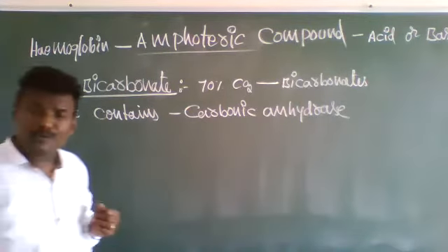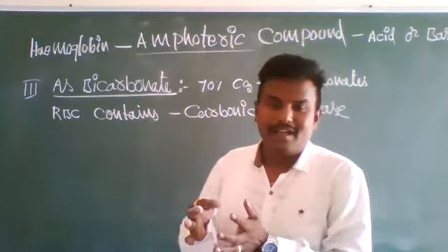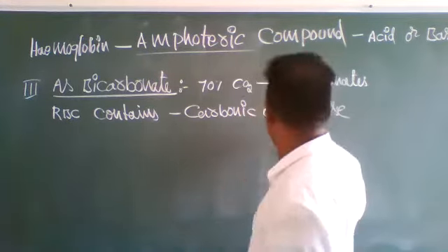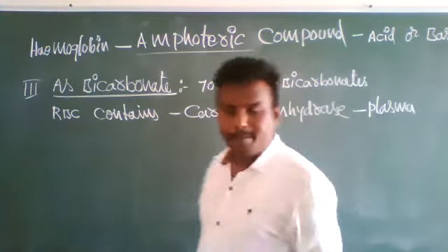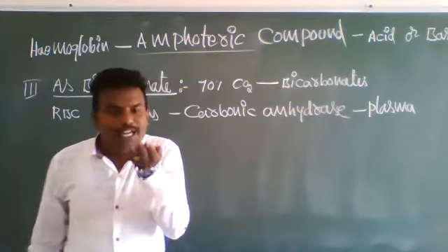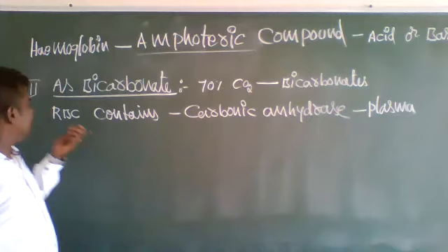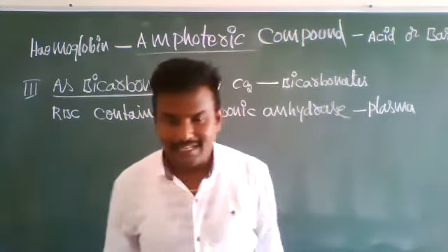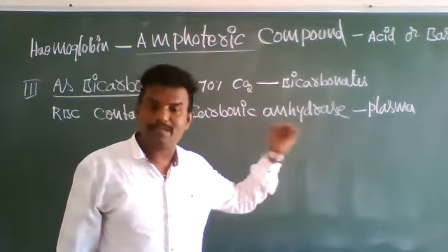carbonic anhydrase. Red blood cells contain a large amount, a higher concentration, of carbonic anhydrase, and plasma contains a lower concentration. Comparatively, red blood cells contain a higher concentration of carbonic anhydrase and so a lesser amount is present in plasma too.